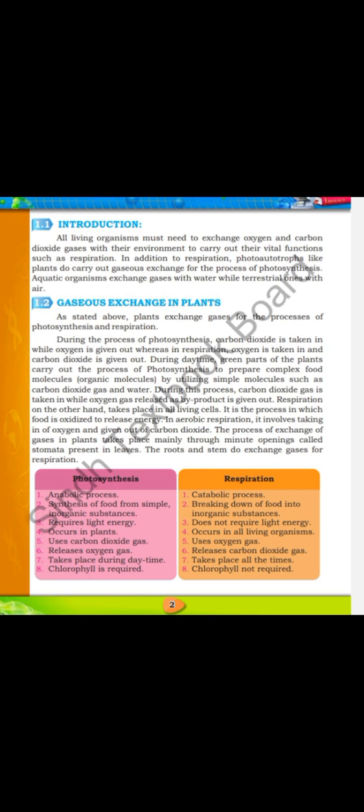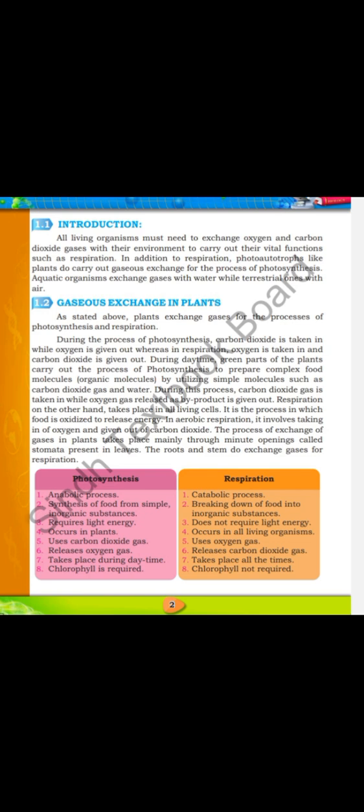But in addition to respiration, photoautotrophs like plants carry out gaseous exchange for the process of photosynthesis, means plants also need gaseous exchange for the process of photosynthesis.